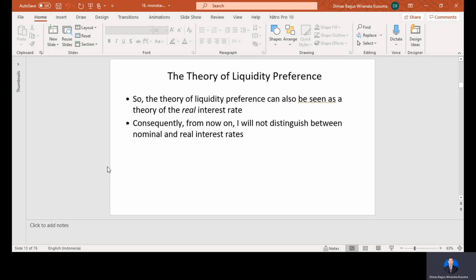So the theory of liquidity preference can also be seen as the theory of real interest rate. Consequently, from now on, I will not distinguish between nominal and real interest rate. So in the short run, the real and nominal interest rates are the same.